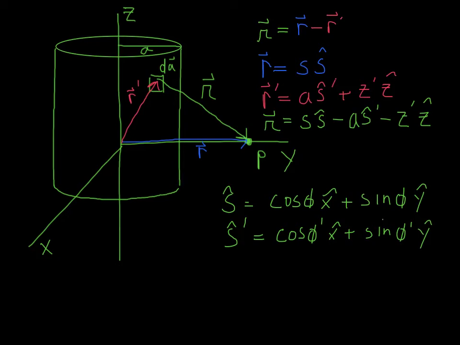So hopefully we'll get the rules straight here. If you're not integrating over it, you can leave it alone. If you're integrating over it, you have to be careful. All right? So our script r is then going to be S cos phi unprimed minus A cos phi primed.